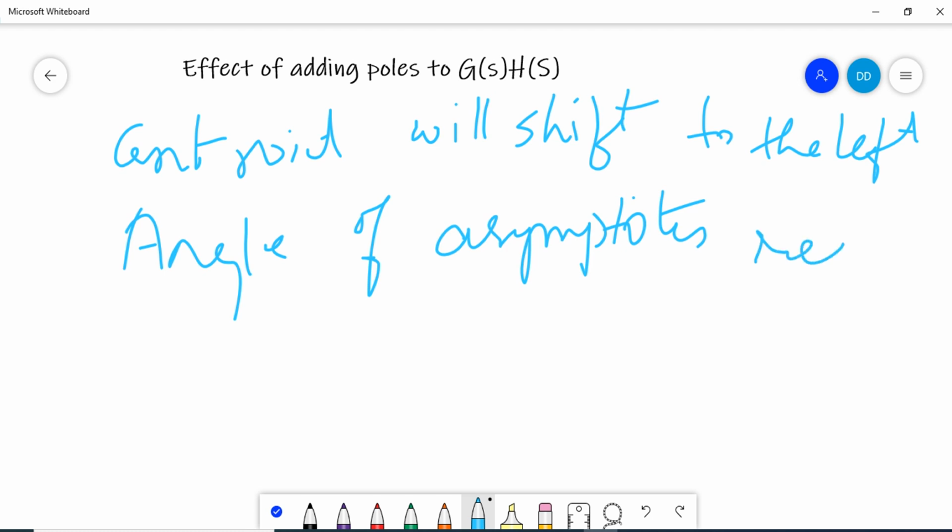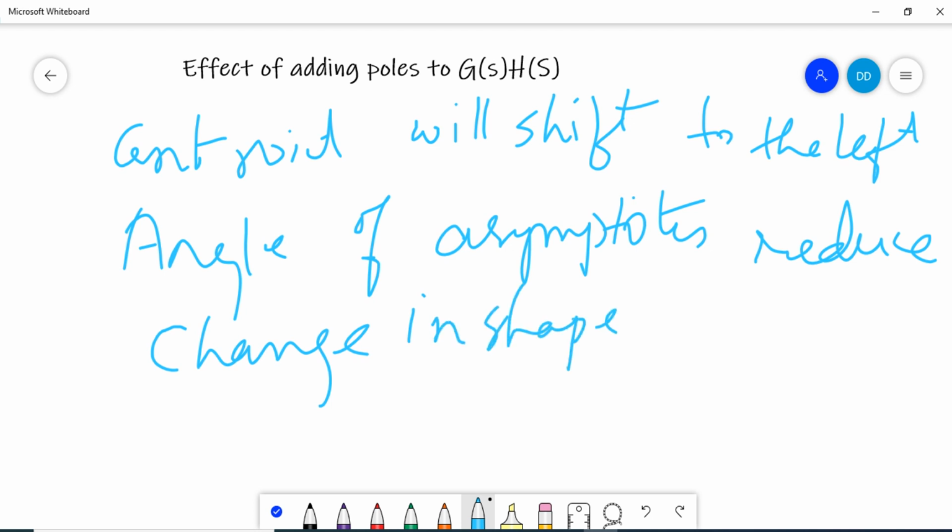Then obviously there will be a change in the shape of the root locus, and it will shift towards the right half of the s plane.